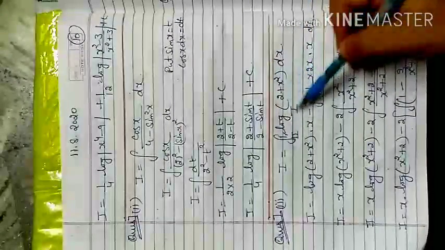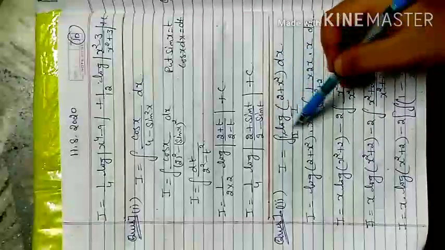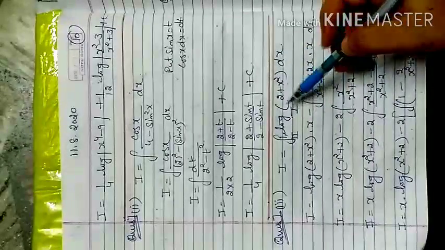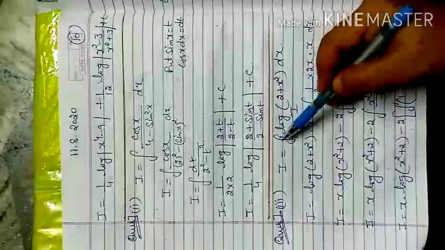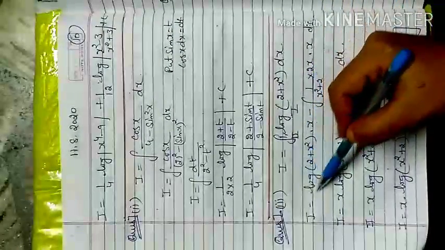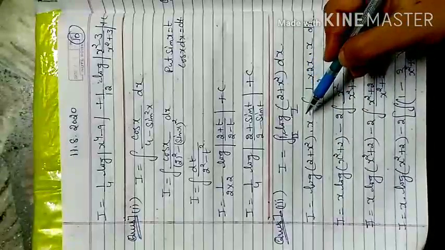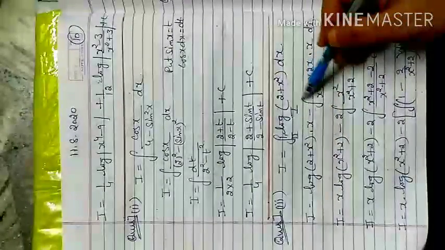But if only the log term is given to you, log 2 plus x square, then we have to solve this with integration by parts. We consider this as the first function and 1 as the second function. Integration of 1 is x, and the first function I keep as it is outside, then negative integration.